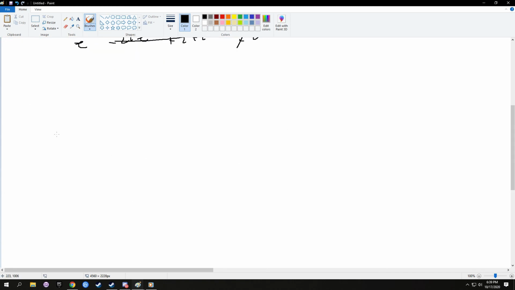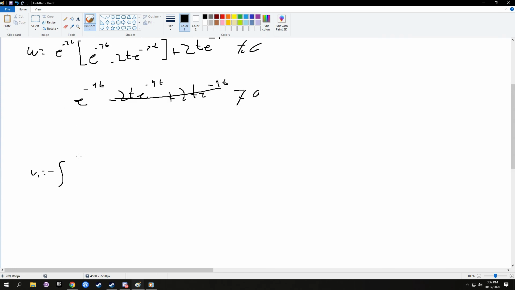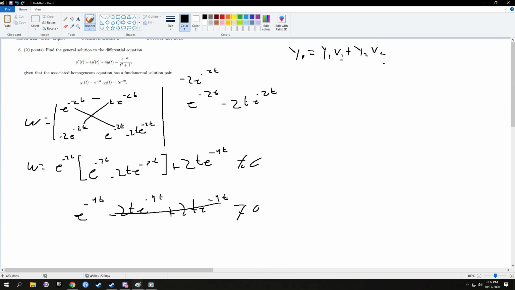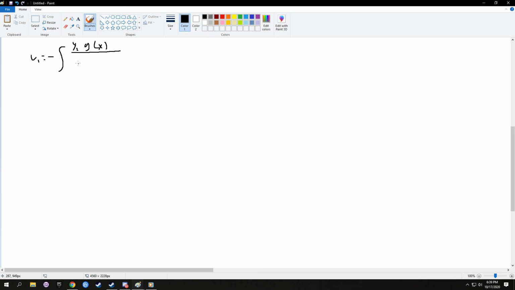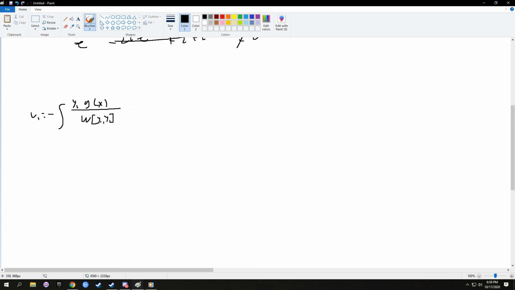Well, I'll show you. v1 would equal the negative integral of y2 times g of t, where g is this function, e to the negative 2t divided by t squared plus 1, all divided by the Wronskian of y1, y2, with respect to t, dt, and that's my v1.